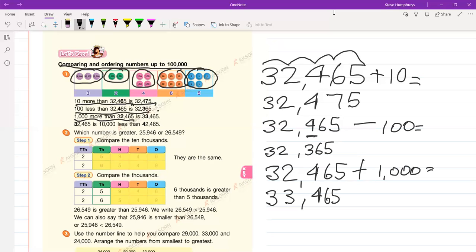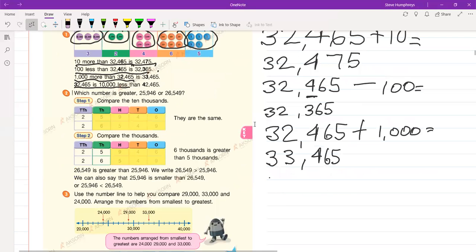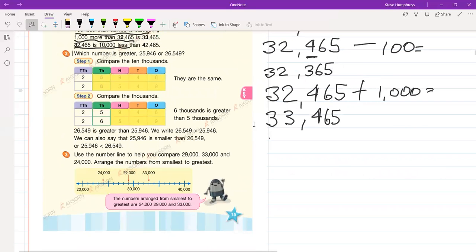Okay, and what does it say? The last one over here, 32,465 is 10,000 less than.